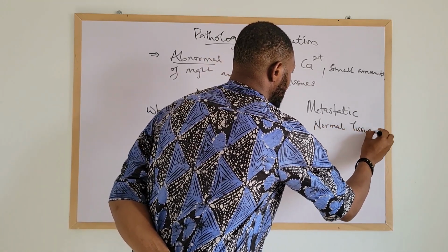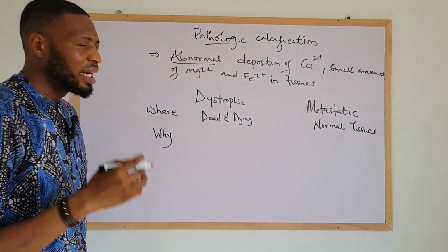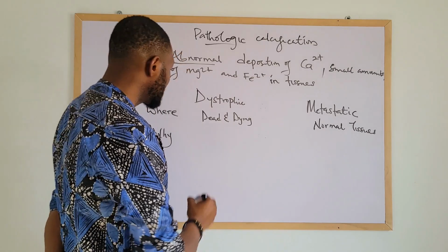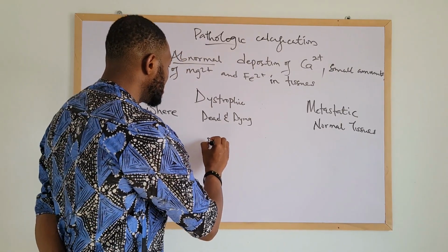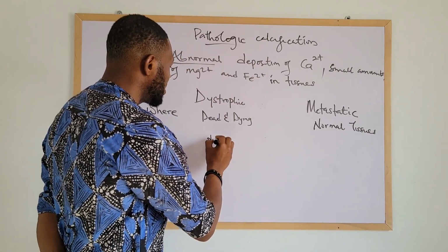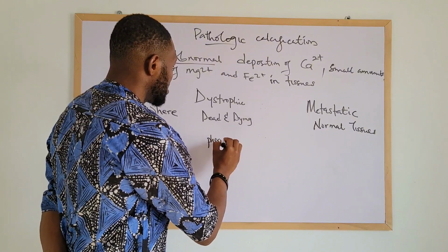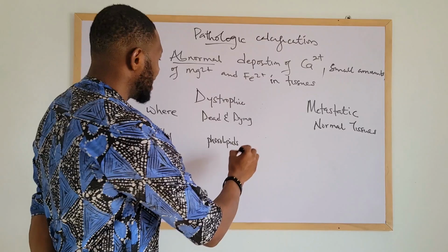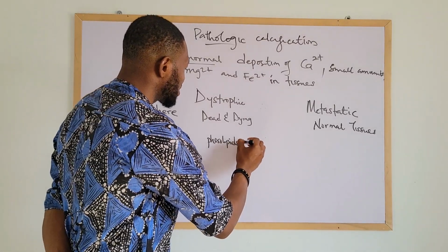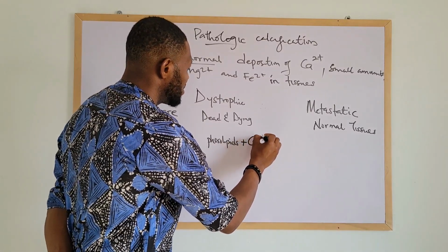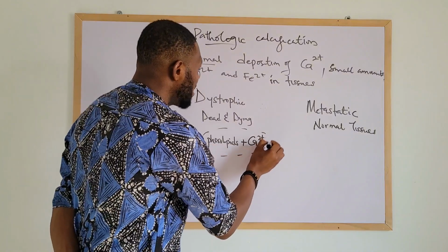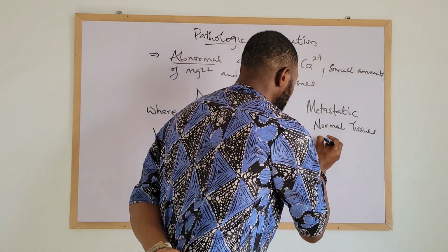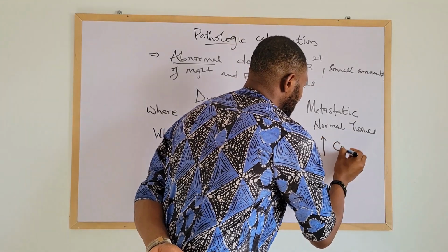Okay? Dystrophic calcification happens because these dying tissues expose their phospholipids as they are dying, and that will now cause an attraction for calcium and then lead to calcification. While metastatic calcification happens because of an increase in calcium levels.